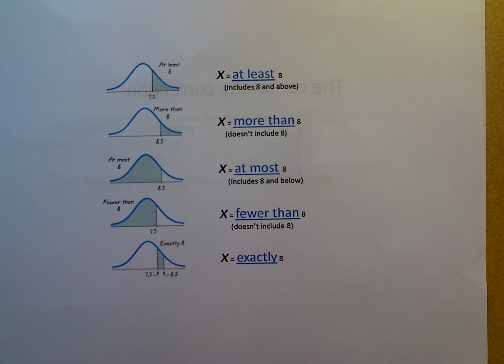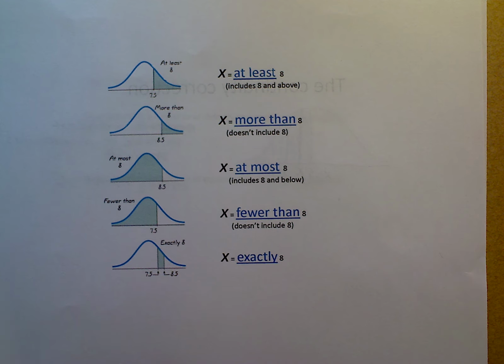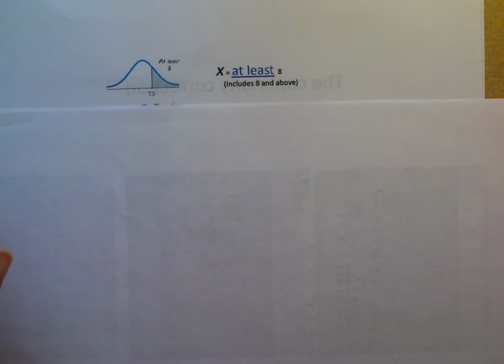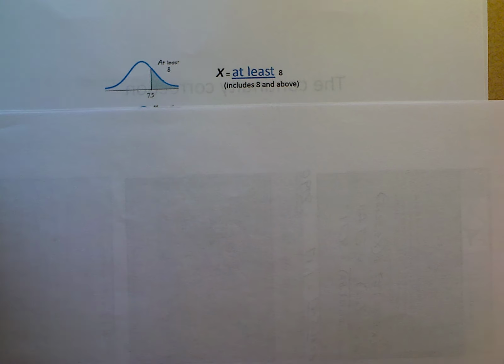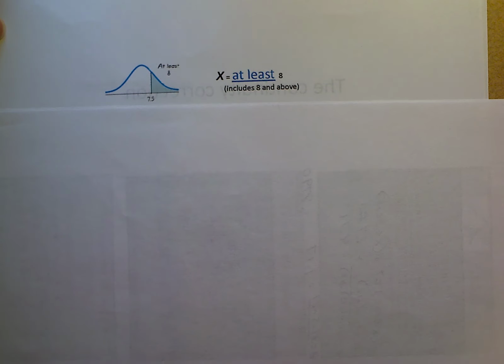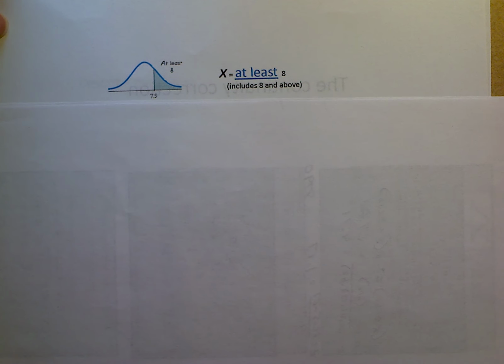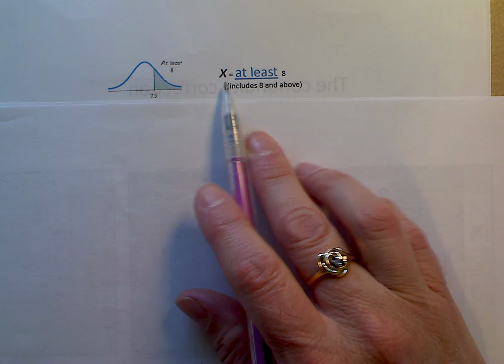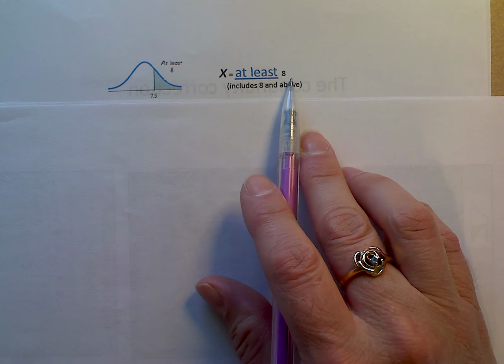Alright, I did want to show you this, and I'd like to focus on one at a time here. I want to show you how this works, okay? I know this is a very strange thing for me to be saying. Let's say that I wanted to find the probability that x is at least 8.